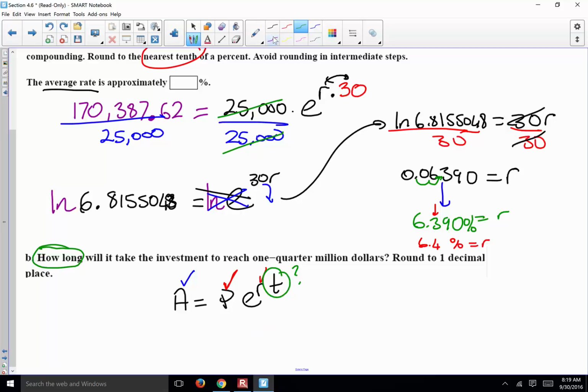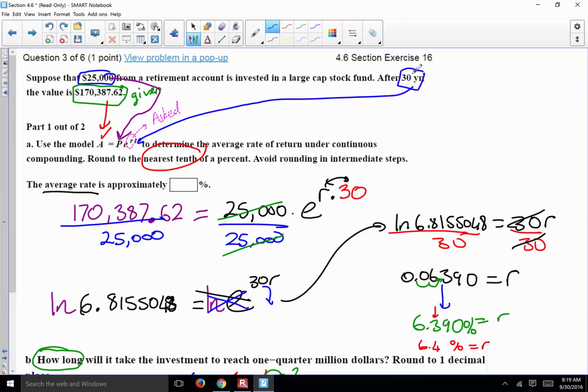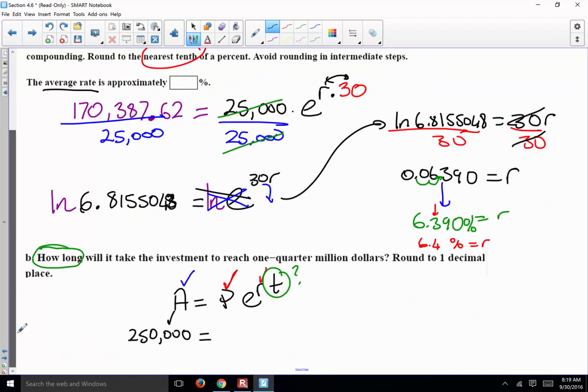We need to get the T. So substitute everything back in place. We want our money to grow into $250,000, not 173,000, but more. So I believe it's going to take more than 30 years, because after 30 years, your money becomes 173,000. You want it to be 250,000, probably it's going to take 40 years something. Initial money is 25,000.